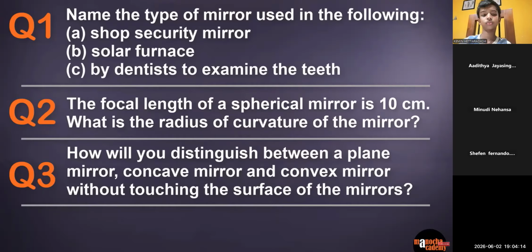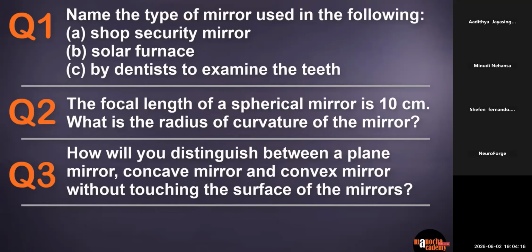There are 3 mirrors in front of you. You are not allowed to touch them to check whether each is concave, convex, or plane. So what do you have to do? You can observe, but you can't touch it.